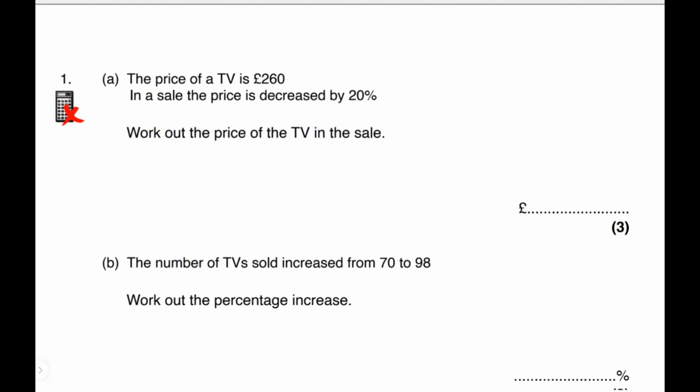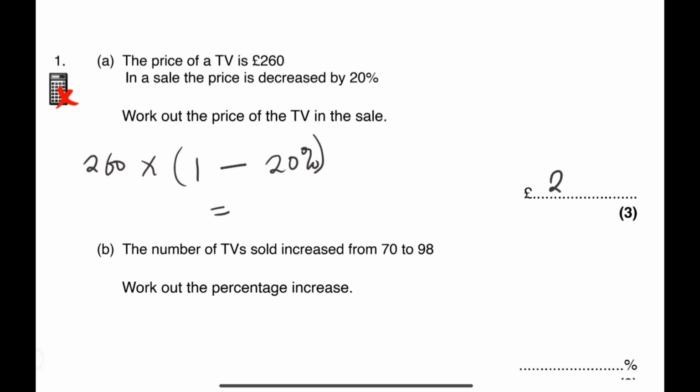So a straightforward calculation for this would be 260 multiplied by 1 minus 20%, since it is decreased. Let me open my calculator. So that is £208. I hope that makes sense.